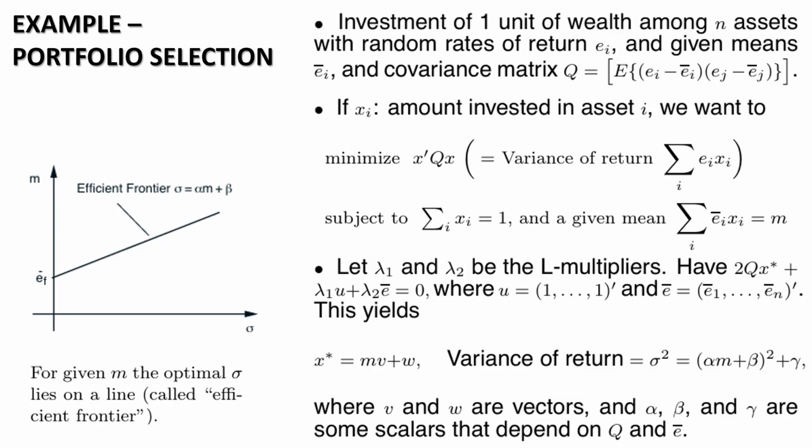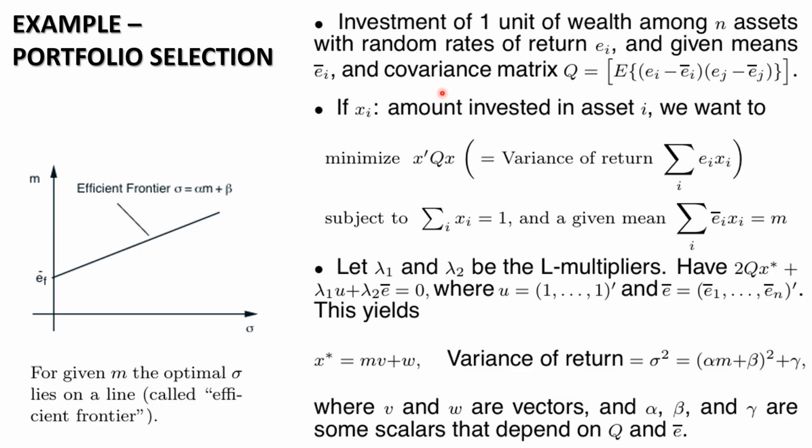Let's consider another example, the mean-variance portfolio optimization problem, a foundational model in modern finance introduced by Harry Markowitz. We have 1 unit of wealth to invest across n different assets.